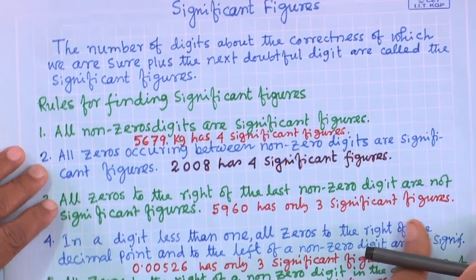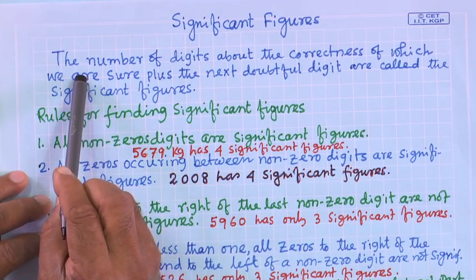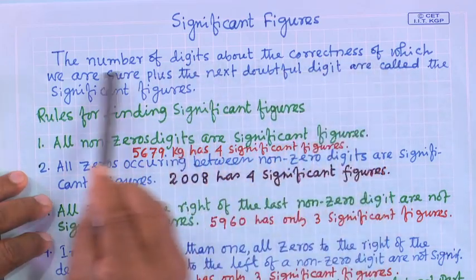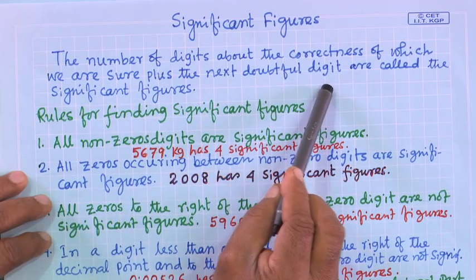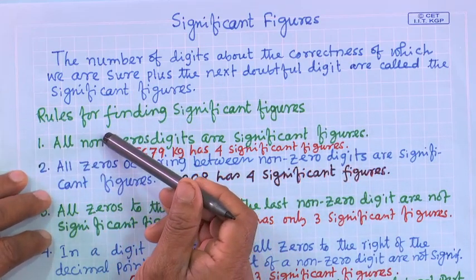Okay. So, next, as I told, to find out the significant figure, there are some rules that I will just remind you. I have noted them down here. Significant figures: the number of digits about the correctness of which we are sure, plus the next doubtful digit, are called the significant digits. So, what is a doubtful digit, that I have discussed, right.